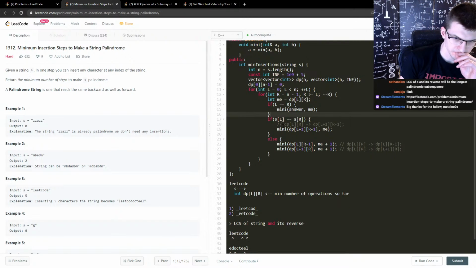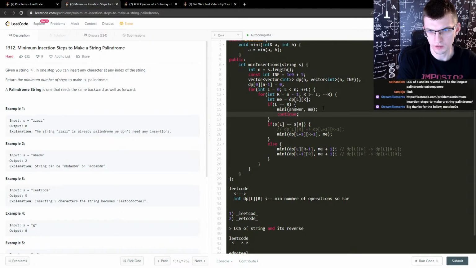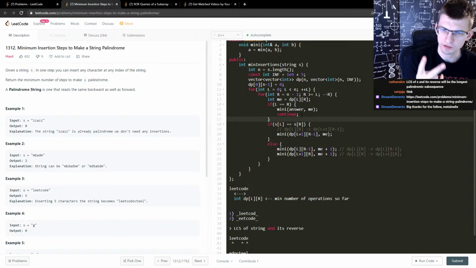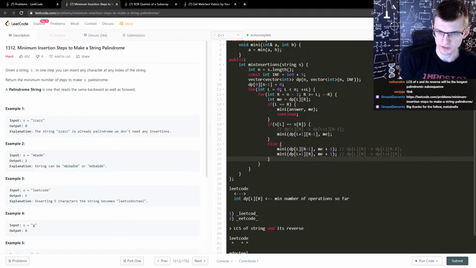right. If this, then continue. Then what's left? There is a case where those are two different characters, and then it will just move there, that's fine.